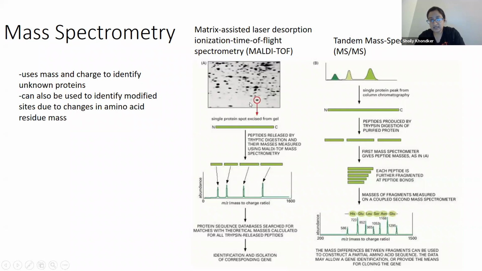This protein is then removed from the gel and broken down into short peptides and mixed with an organic acid and dried. A laser then ejects the sample in the form of an ionized gas, and each peptide molecule is then carrying one or more positive charges.